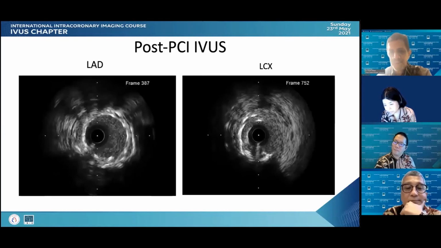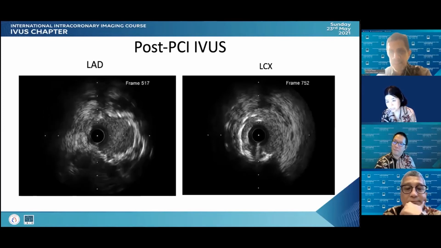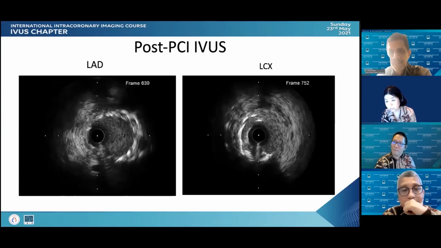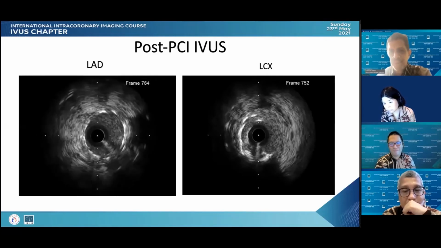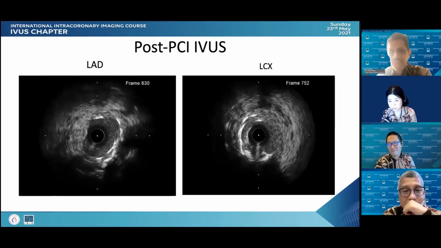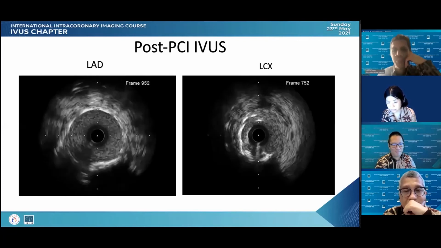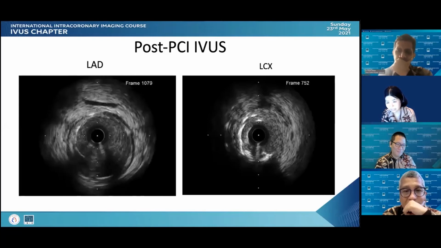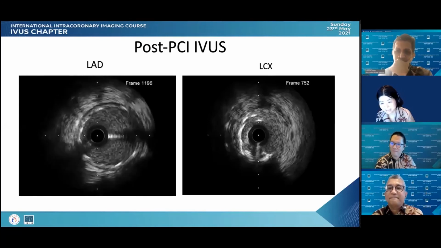So I do believe the first rewire to the circumflex was a little bit too distal, and then you are bringing the strut from the carina side to the other side, making the gap at the ostium of the circ. And you picked it up perfectly, the not-covered strut. That's very difficult IVUS.